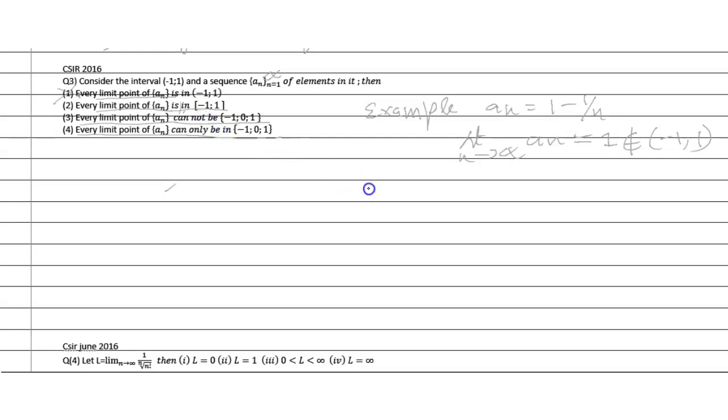For example, if we choose a_n equals -1 plus 1 by n, so limit n tends to infinity, a_n equals -1. So you will see that this portion is correct: every limit point of a_n is in [-1, 1].